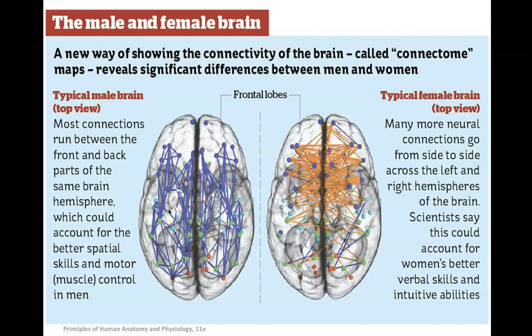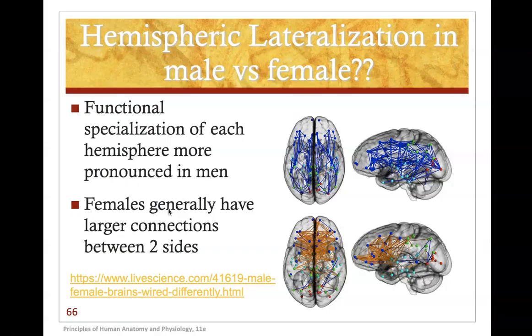And that oftentimes can account for some of the better spatial skills and motor muscle control that you see more in men. Again, generalization, because we see that in women too, and there are degrees of this.